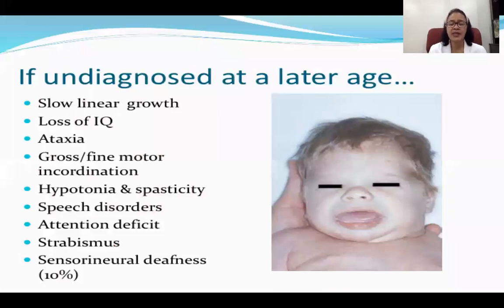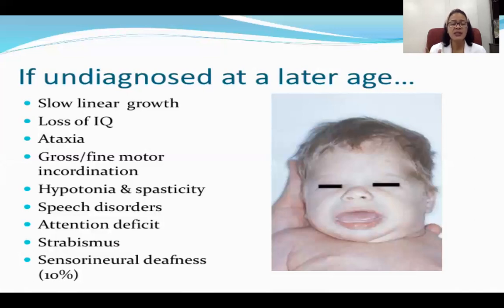So what will happen if a child or if an infant is not diagnosed at a later age? So this could be the sequelae. They may have slow linear growth, poor IQ, ataxia, fine motor or even gross motor incoordination, presence of hypotonia, spasticity, speech disorders, attention deficit, okay, strabismus.